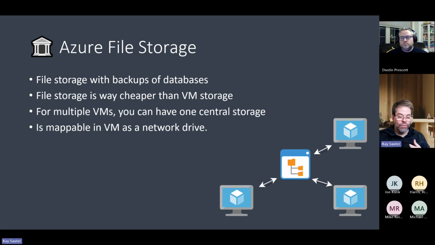A VM is a kind of warm storage, because the underlying machine, the CPU, is kept warm to start it again. Whereas with file storage, the CPU cost behind it is much lower, so it also costs much less.